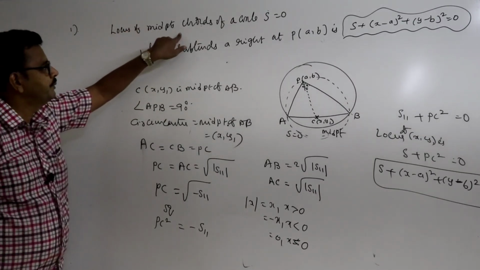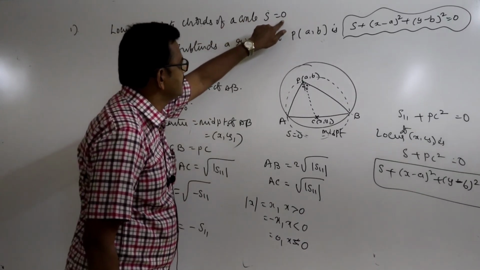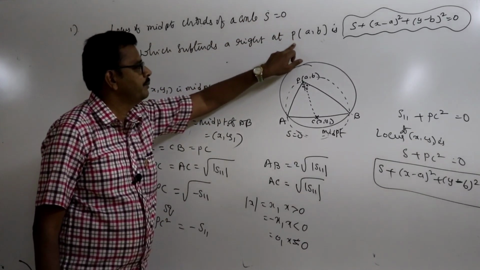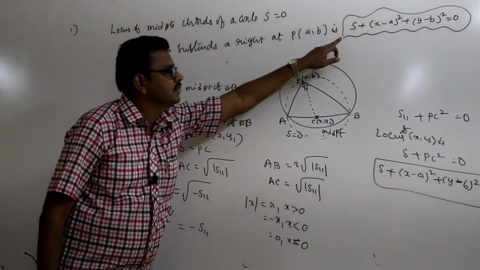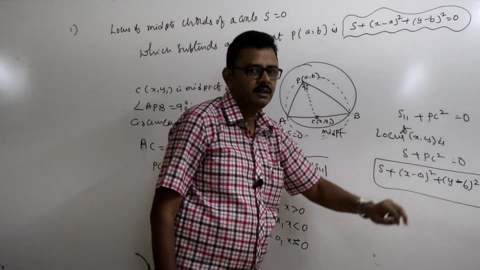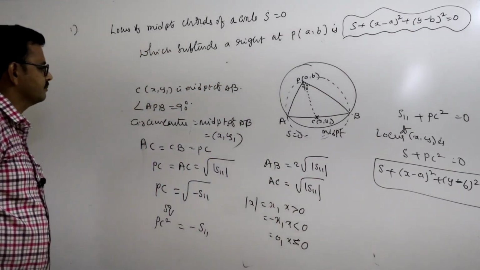The locus of midpoints of chords of a circle S equal to 0, which subtends a right angle at a point P(a, b), is S plus (x minus a) whole square plus (y minus b) whole square equal to 0.